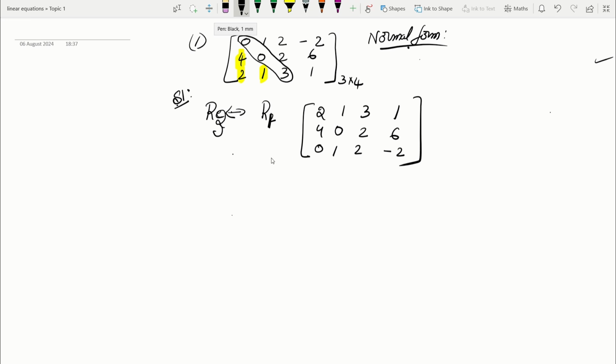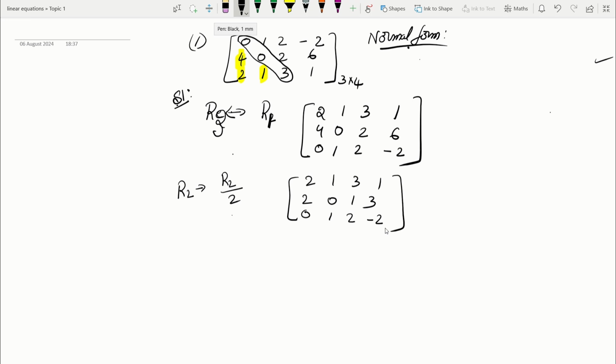You can do that. I will do R3 to R1. Why? Let the 0 be last. Okay, R3 elements I am writing: 2 1 3 1, 4 0 2 6, and 0 1 2 minus 2.